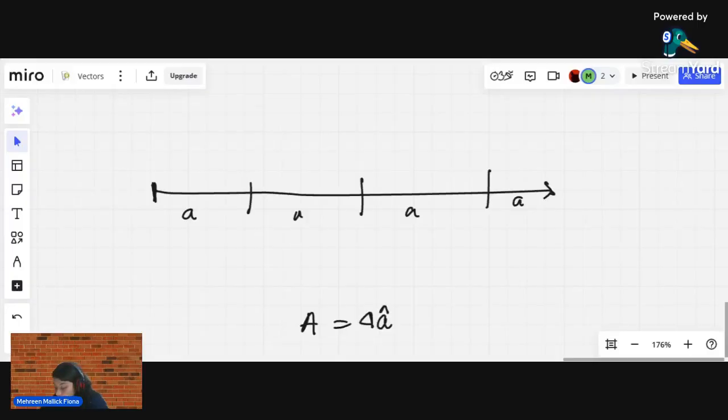If I am going to show a certain value of a unit vector, the notation would look like this, with a small arrow on the top. So it is the normal notation of a unit vector.